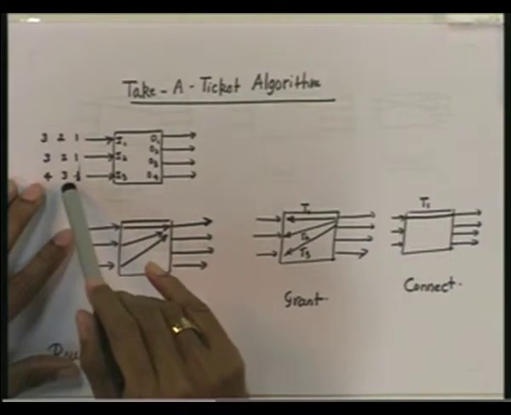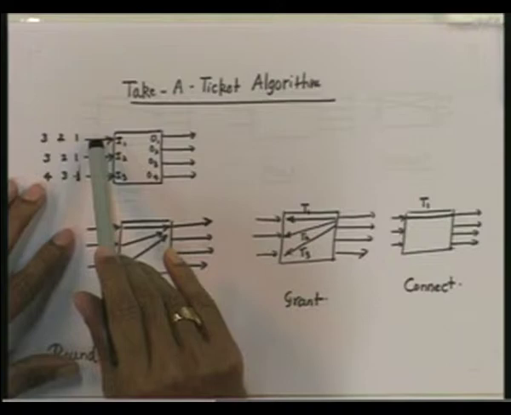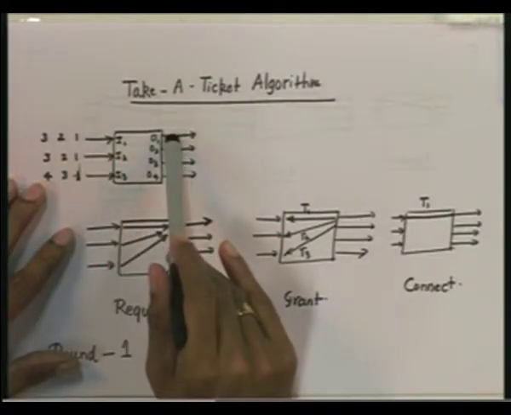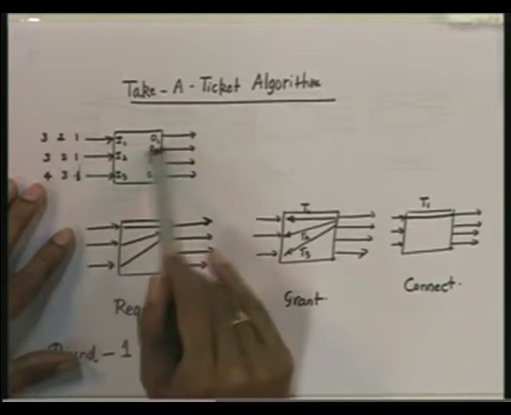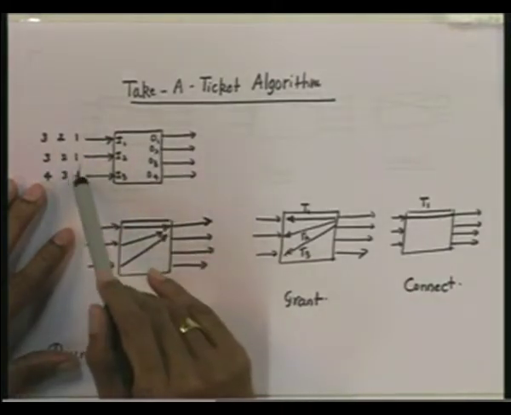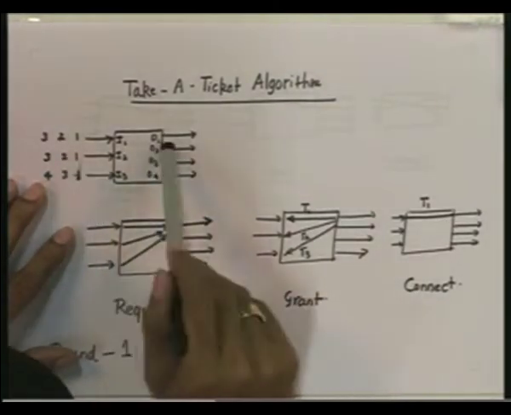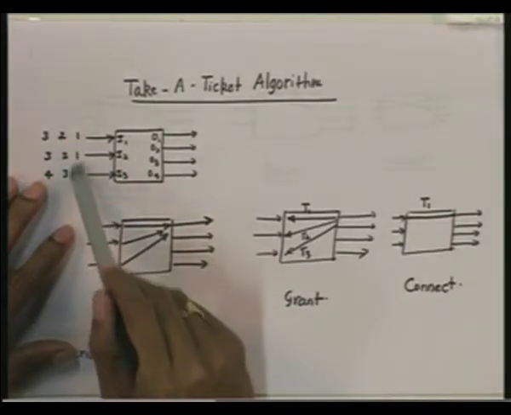If you look behind packet 1, when input port 1 was sending a packet to output port 1, input port 2 could have sent a packet to output port 2, and input port 3 could have sent a packet to output port 3. It was possible for them to send if these packets were not there.